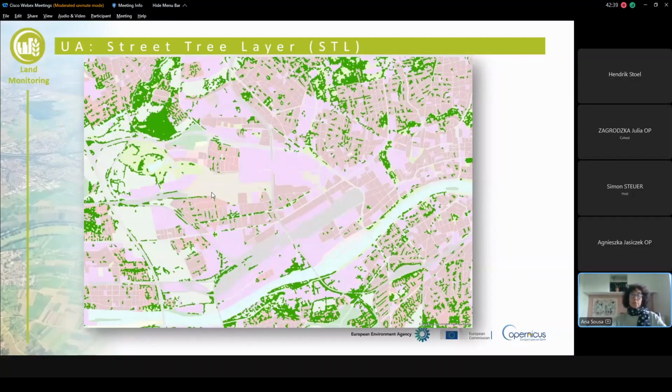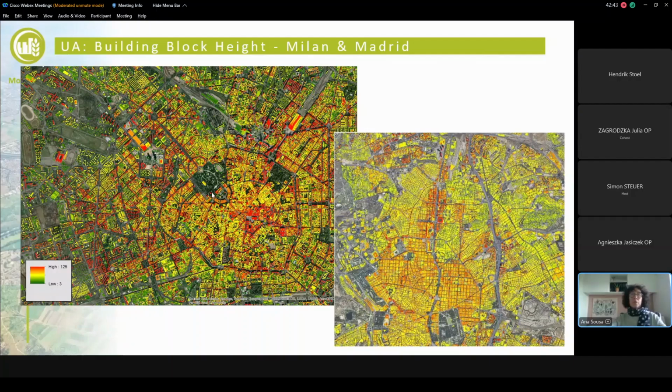There's a second product, which is the building height product. It is composed of a regular grid of 10 by 10 meters containing the height of building blocks. And this one, like the street tree layer, is also produced within the level 1 urban mask.